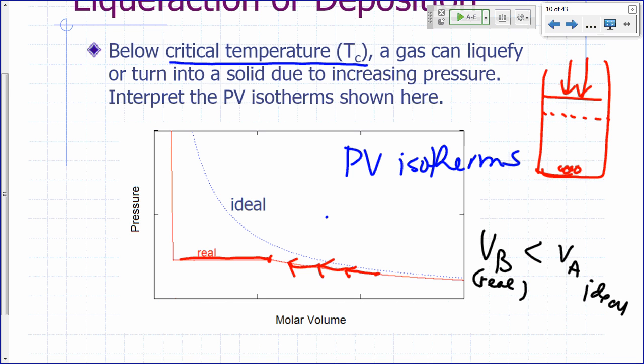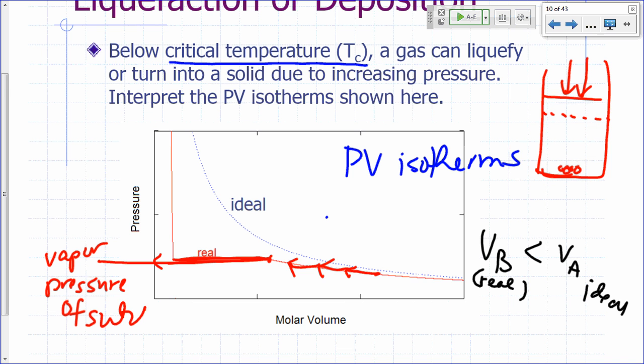If you squeeze it some more, the pressure is maintained because the gas molecules leave the gas and go into a solid or a liquid. So you're maintaining that pressure. This flat line is called the vapor pressure of your solid or your liquid, depending on whether it's turned into a solid or liquid.